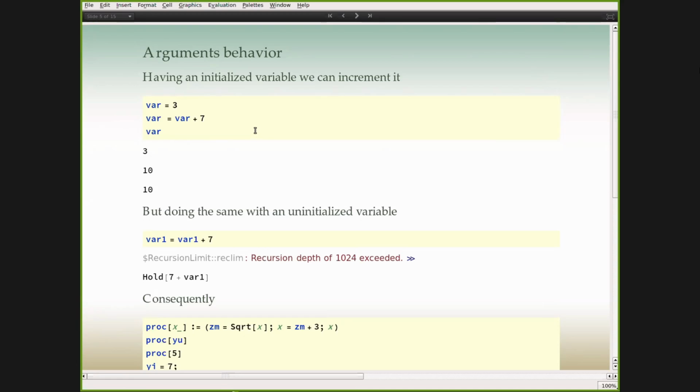So let's observe some argument behavior on these simple examples, which I hope will show you another kind of difference between what you can do in Mathematica and what you get in programming languages like C, C++, or Python.